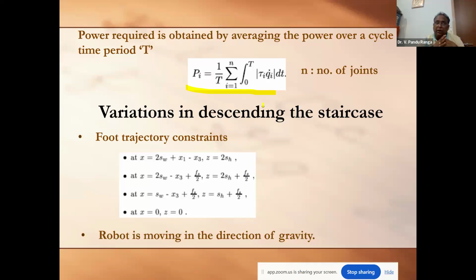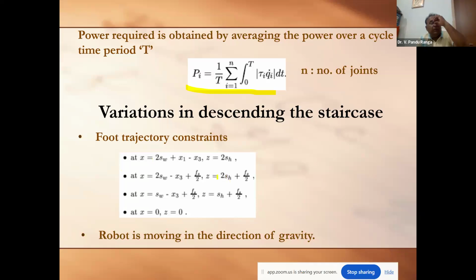In the earlier case, when the robot was ascending the staircase, it was moving against the direction of gravity, and when it is descending the stairs, it is moving in the direction of gravity. Here, the boundary conditions also differ.